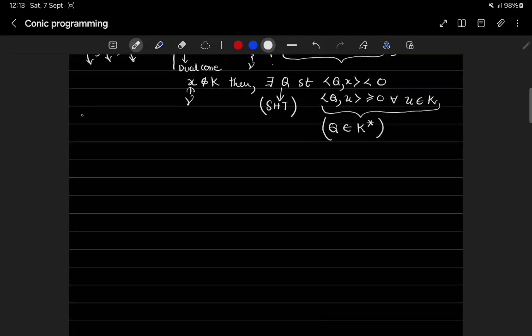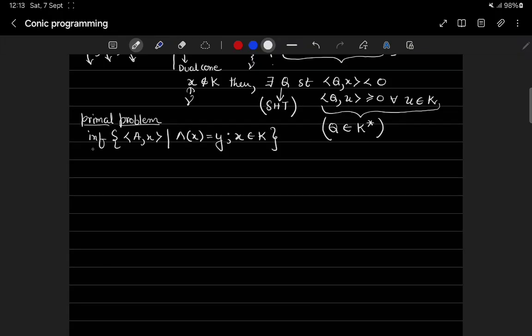So with this let's write the primal problem. The primal problem is an optimization problem written as the infimum over x of Ax such that I have a linear map acting on x giving me y, and x belongs to some convex cone.